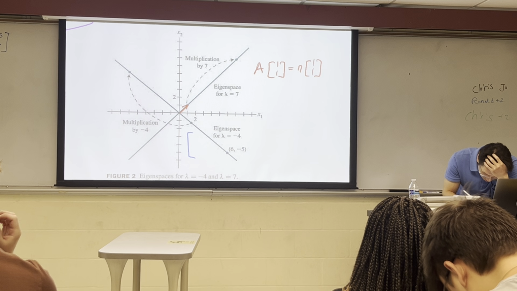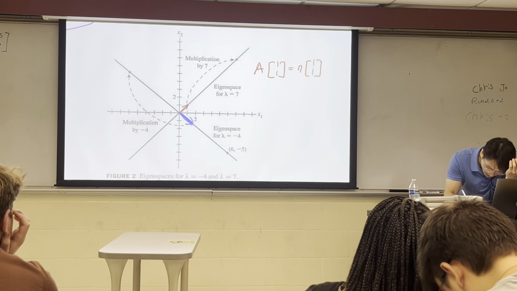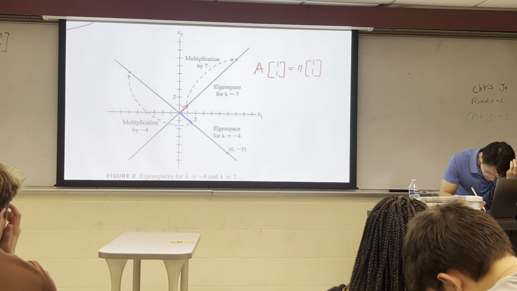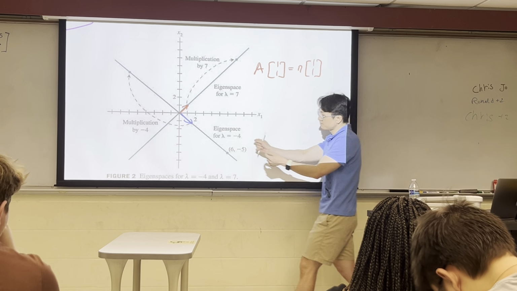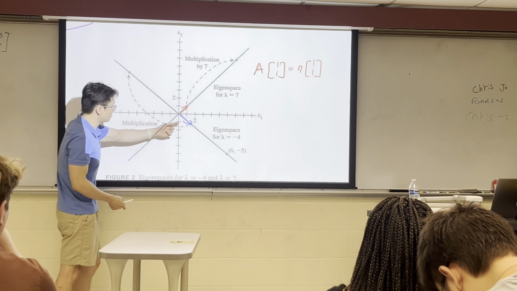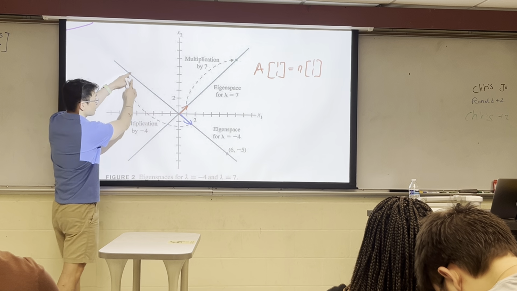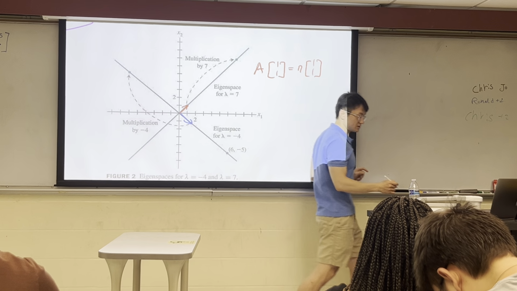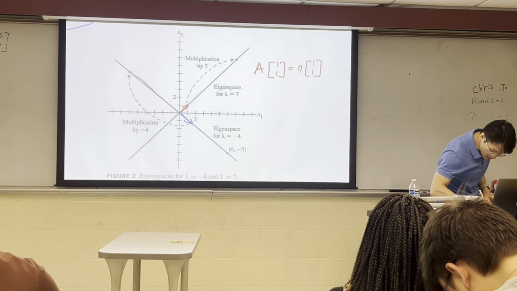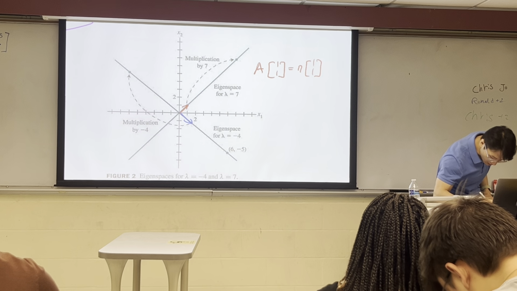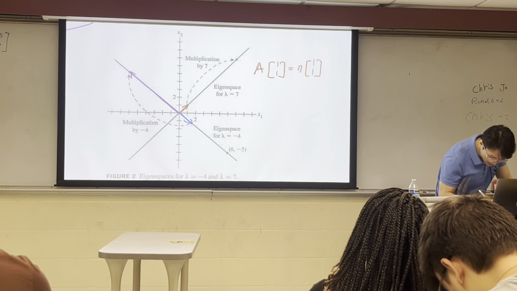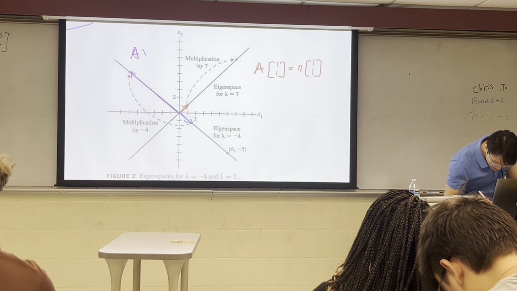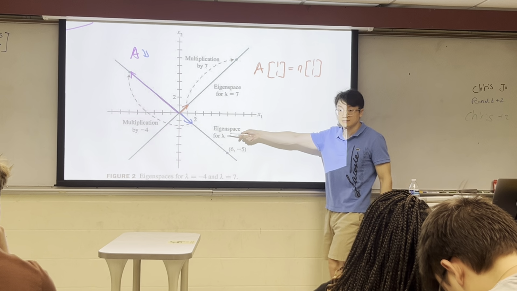I don't know the exact value. Anyway, you pick a vector, multiply it by A, and what you get is this vector. This is the result you get for A times this blue vector. Okay?